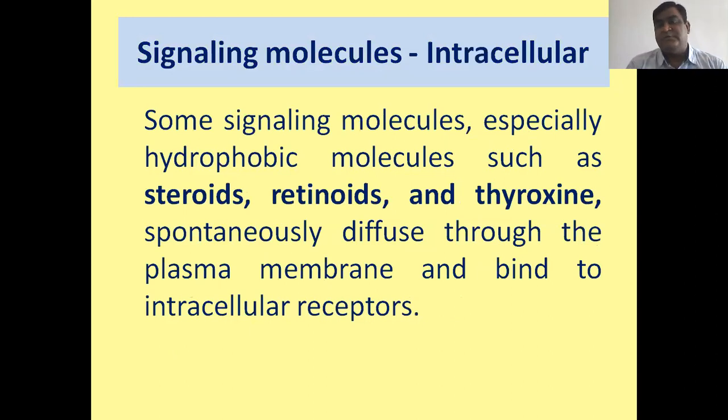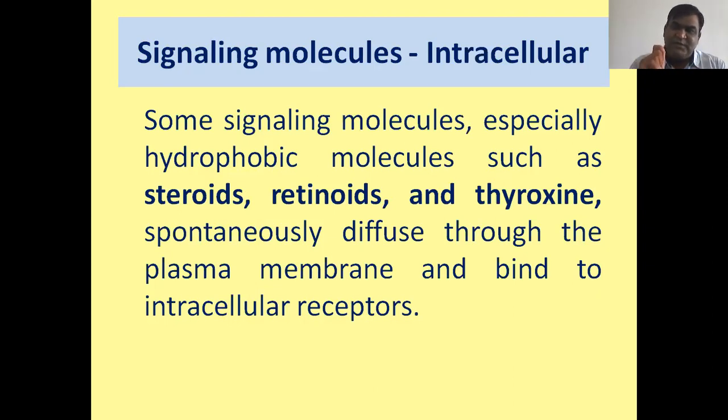There are certain molecules which are intracellular, that is, they may enter into the cell. Obviously, one thing plays a very important role: the nature of that particular chemical. If it is lipophilic, it may enter into the cell, and that ligand molecule will be an intracellular one. This is a very important fact: steroids, retinoids, and thyroxine hormones are all lipophilic or hydrophobic.